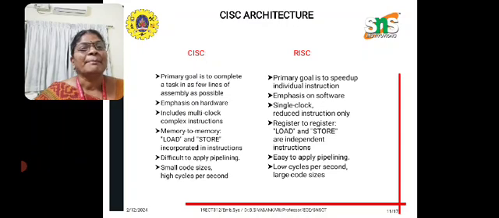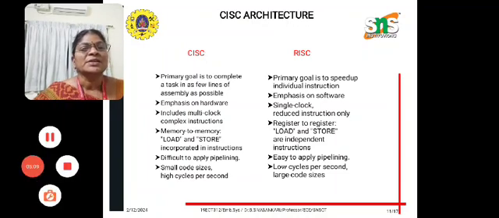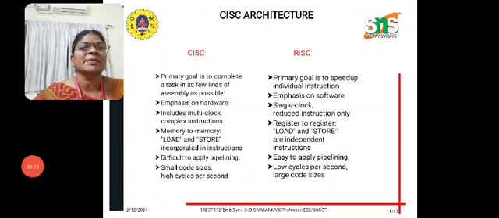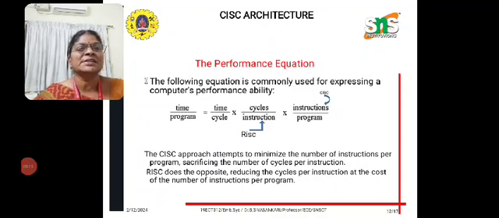CISC emphasizes hardware and RISC emphasizes software. CISC is multi-clock and RISC is single clock; CISC is memory to memory, RISC is load and store, register to register. CISC has small code sizes and RISC has large code sizes. This is the main difference between CISC and RISC.